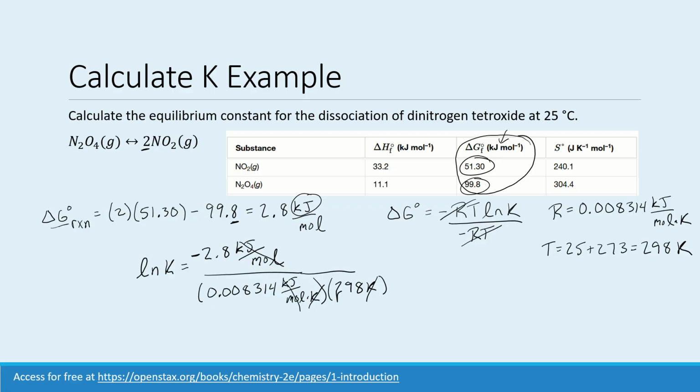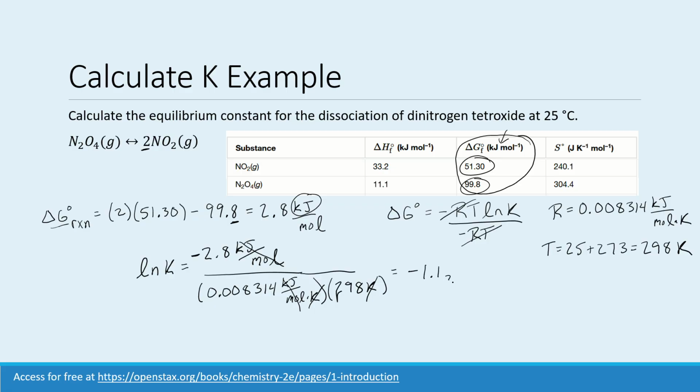Our units of Kelvin will cancel, so will all the kilojoules per mole, because at the end of the day, K is a unitless value. I kept them so that I knew to match up the units for R, T, and delta G.